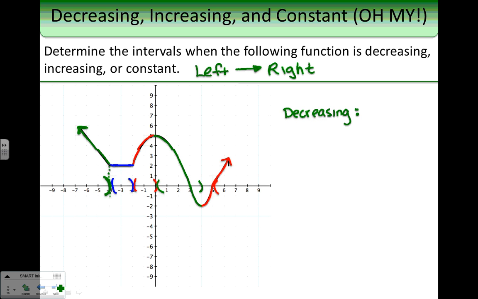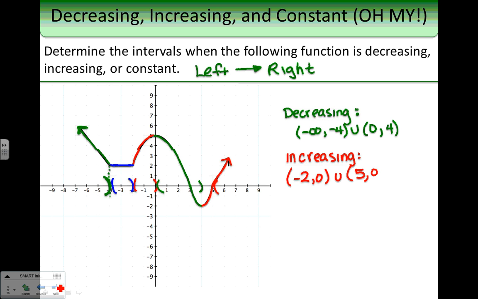So the way that we would write this is we would say decreasing is going to be from -infinity to -4, and from 0 to 4. My increasing intervals are from -2 to 0 and from 5 to infinity.